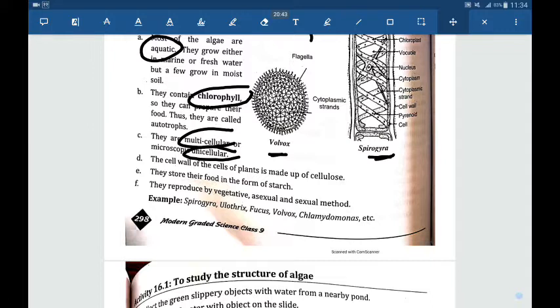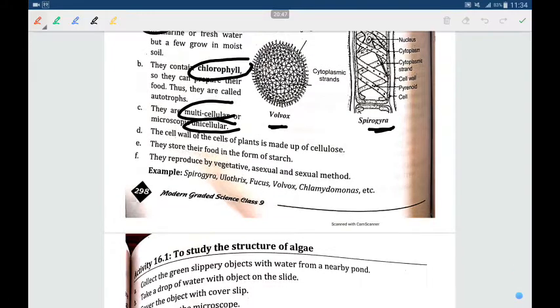Next, their cell wall contains cellulose, a kind of substance present in the cell wall. We discussed they can prepare their food themselves, so they store food in the form of starch. Examples: Spirogyra, Ulothrix, Fucus.